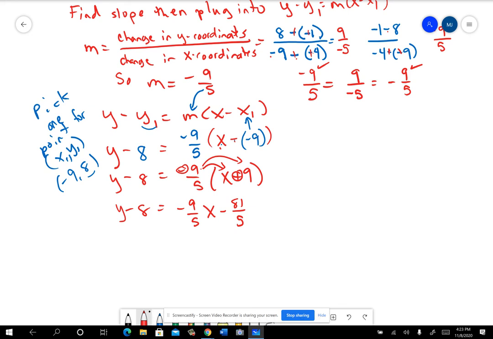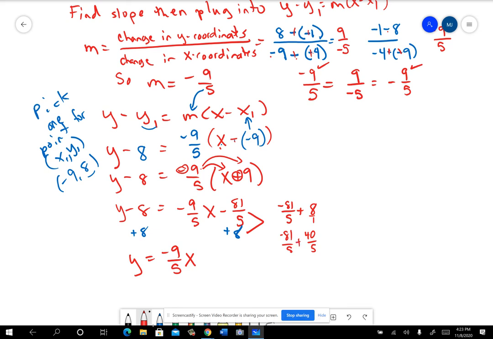And then at this point, you're going to add 8 to both sides. And when you do, you wind up getting y equals -9/5 x. These have to be combined. You can type in a -81/5 plus 8, just using the fraction keys on your calculator. If you did it by hand, you'd have to change that into a fraction with a denominator of 5.